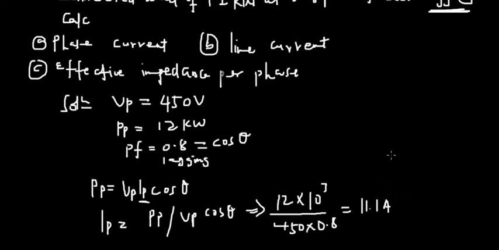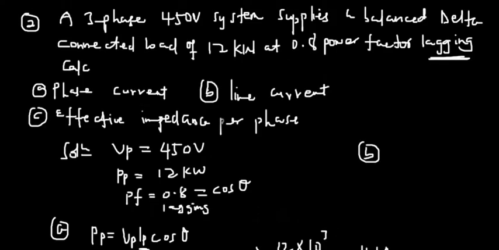Now let's proceed to the line current. So this was A, now this is B. Line current is quite simple because we are dealing with delta.